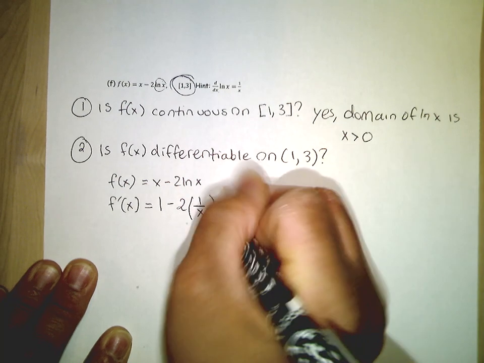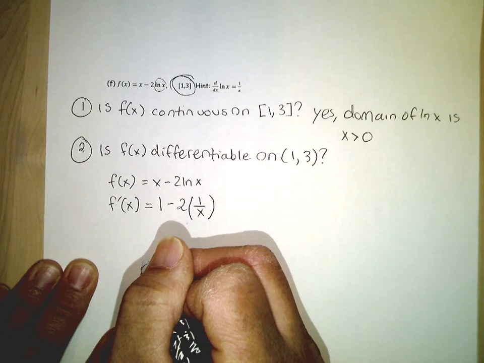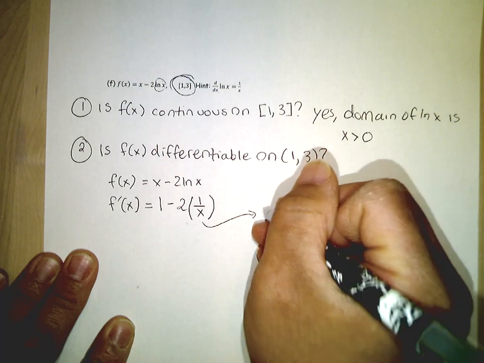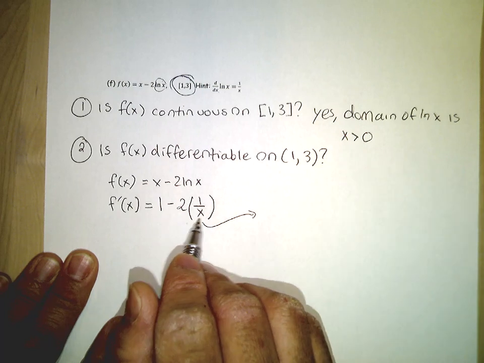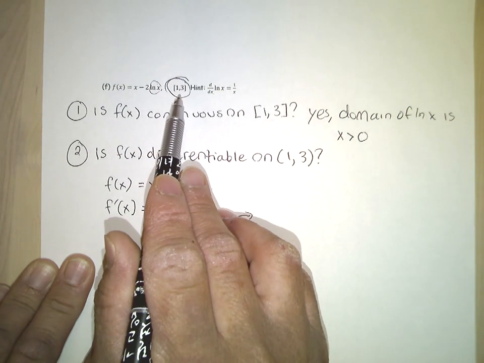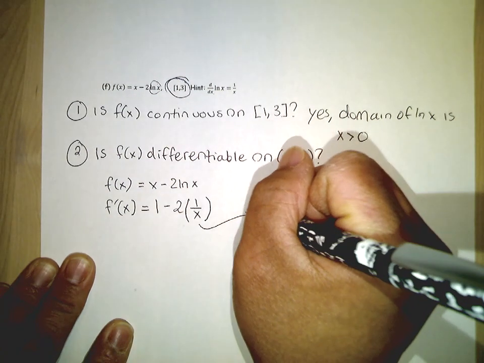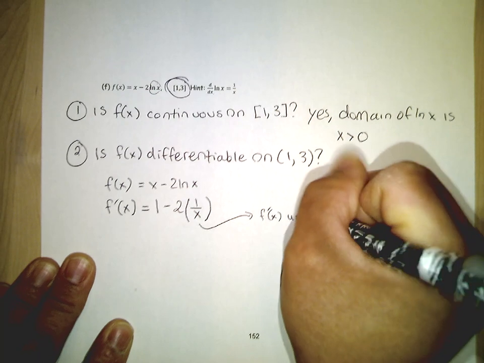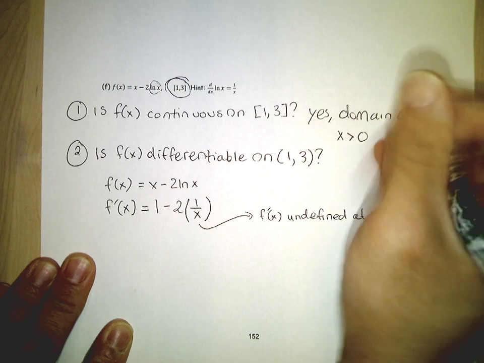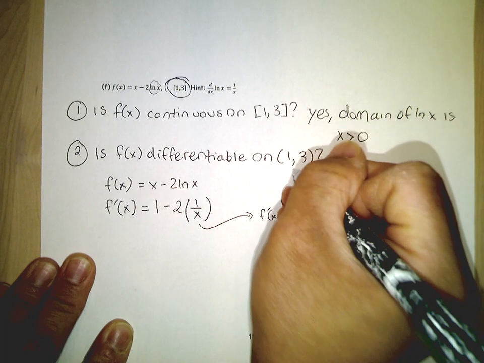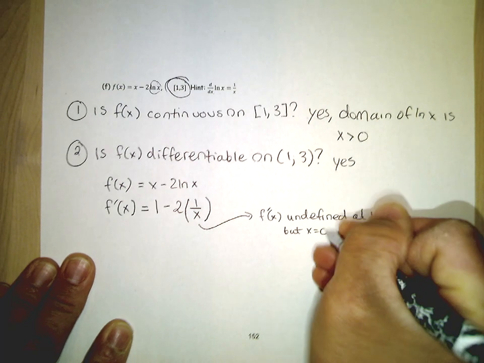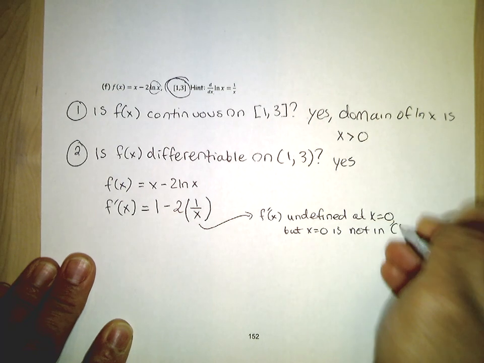So we see that the derivative is undefined at x equals 0, but 0 was not in the interval that we were looking at. So f prime of x is undefined at x equals 0, but x equals 0 is not in the interval from 1 to 3.